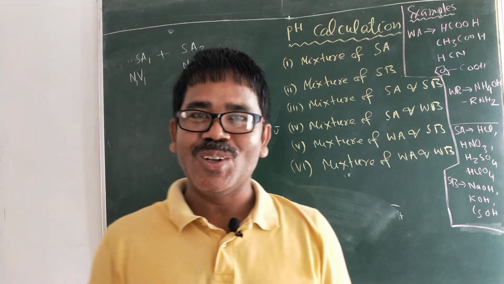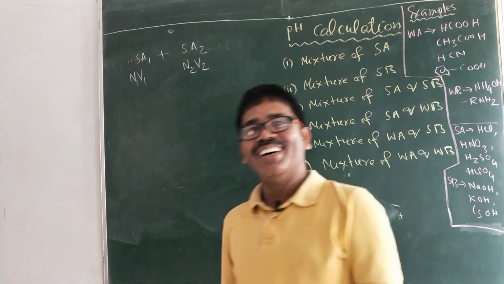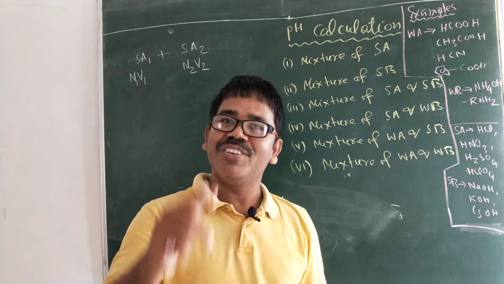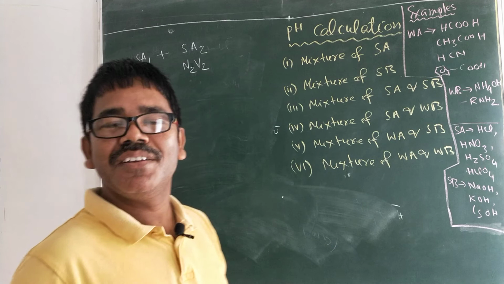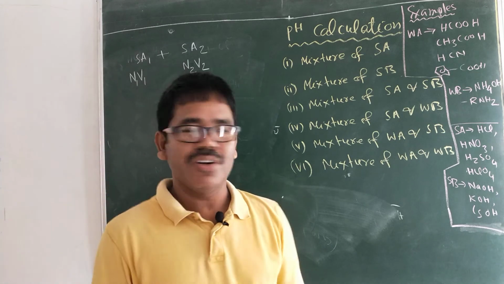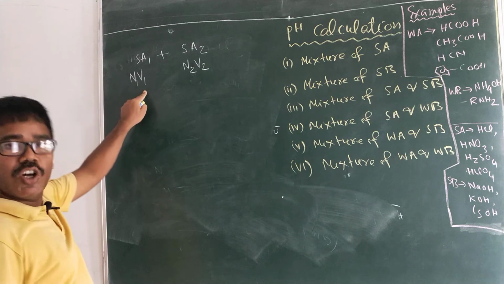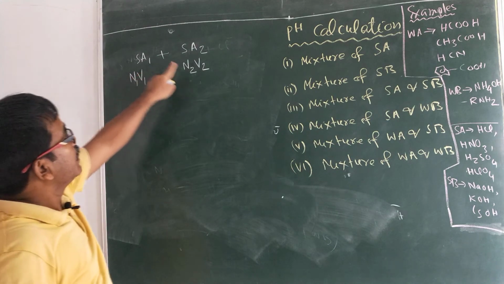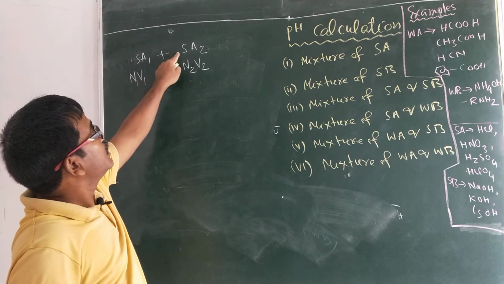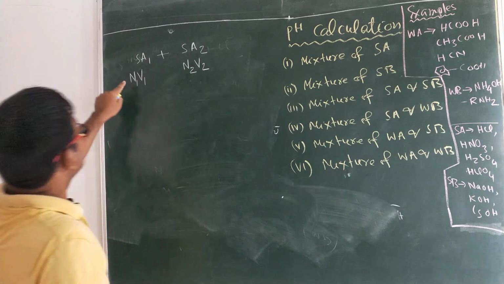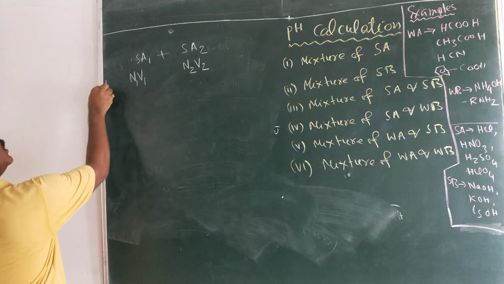Don't ask me what normality is. I can't explain it now, it will take extra time. I hope you know normality and molality, these are very basic concepts. N1 is the normality of acid 1, V1 is the volume of acid 1, N2 is the normality of acid 2 and V2 is the volume of acid 2. This N1V1 is called milliequivalent.